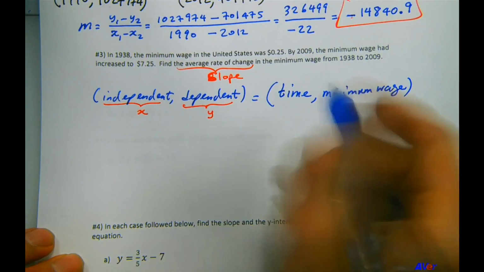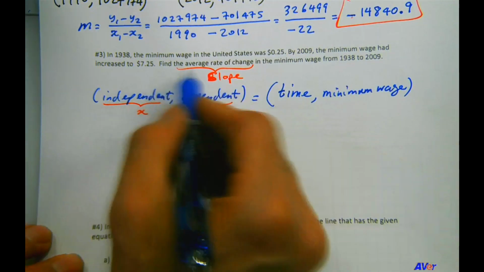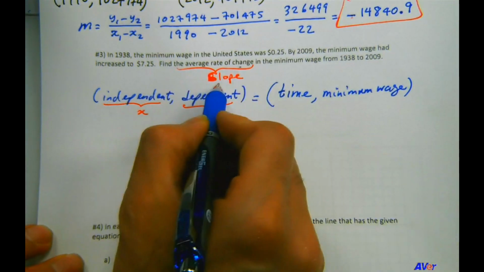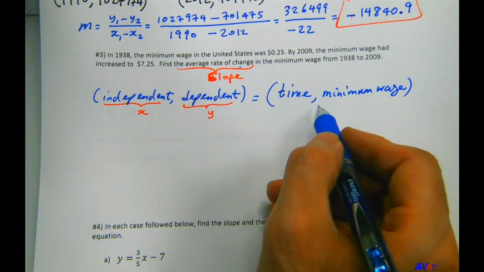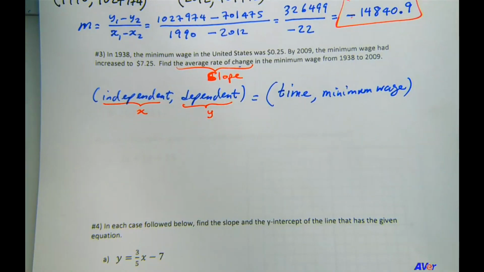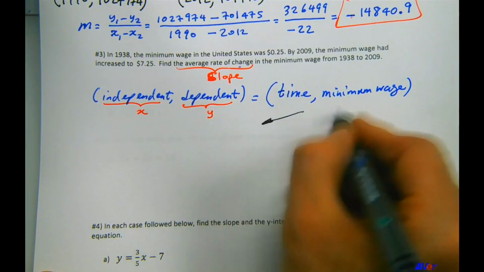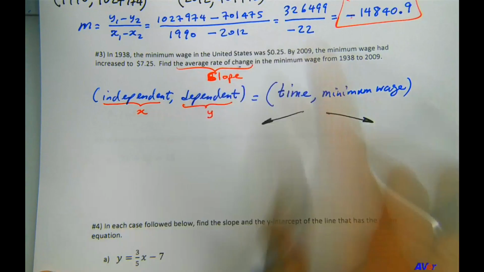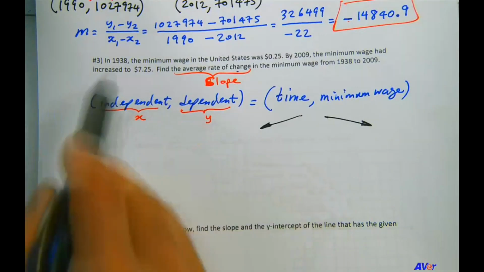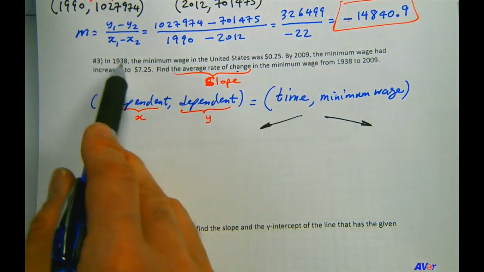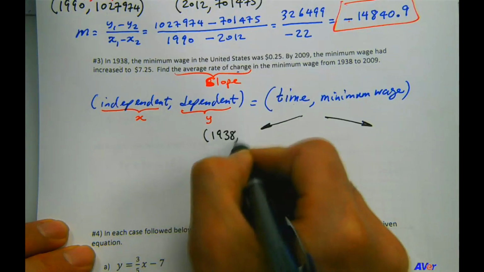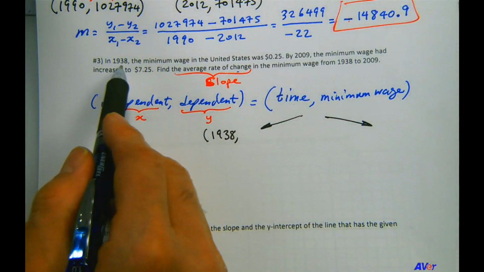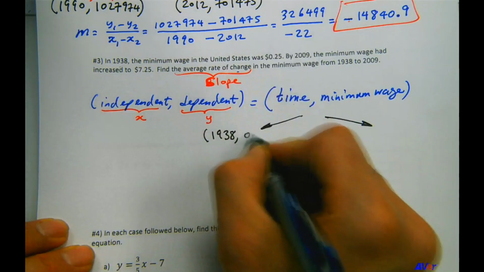So let's set up. We're asked to find the average rate of change, which is slope. So we need at least 2 points to establish that. Let's find our 2 points based on this information. We know that in 1938, in that year, the minimum wage was 25 cents.